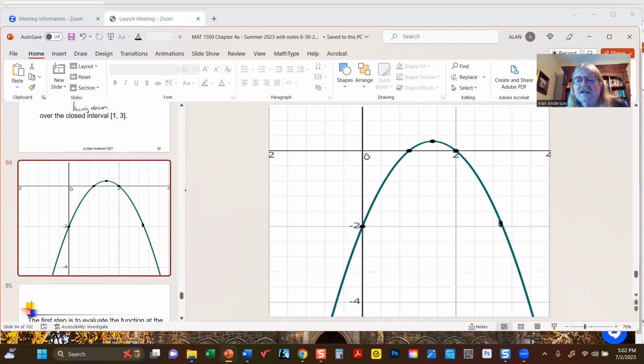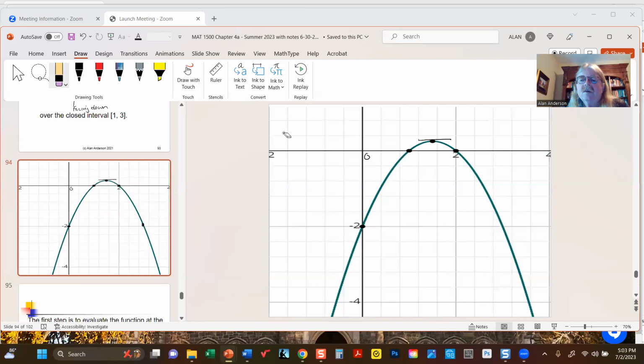And visually, you can see it's pretty obvious that there's a global maximum right here. But we have to consider the 2 points, which would be, let's say, here.